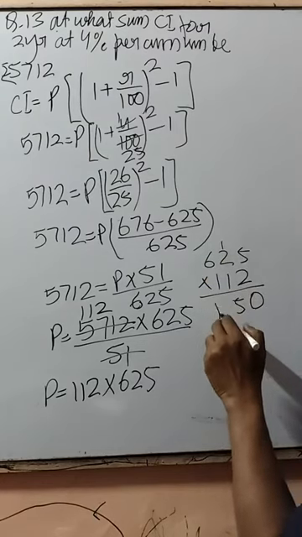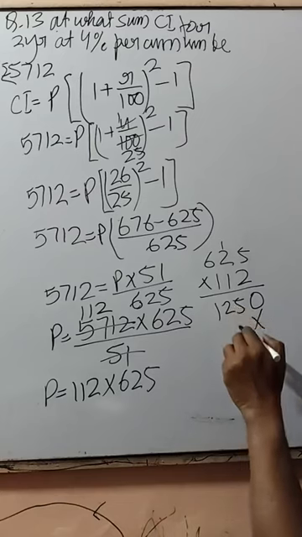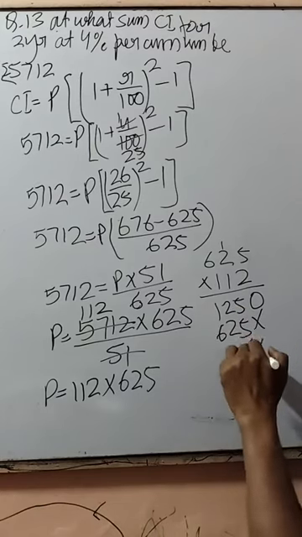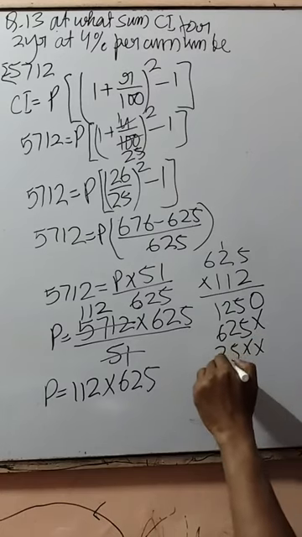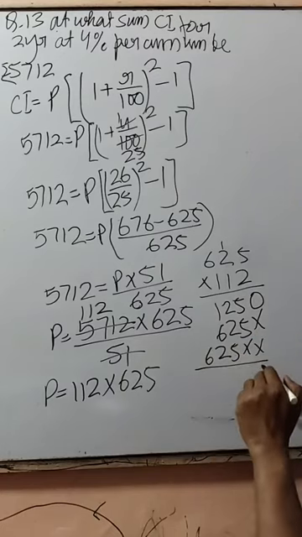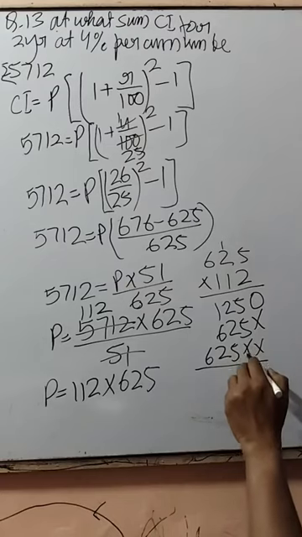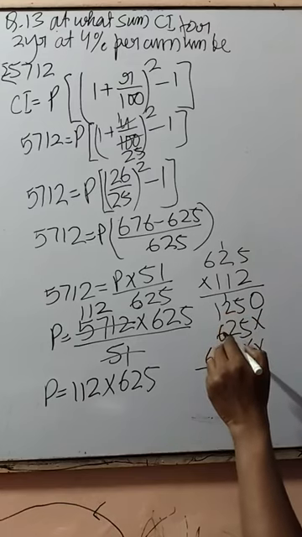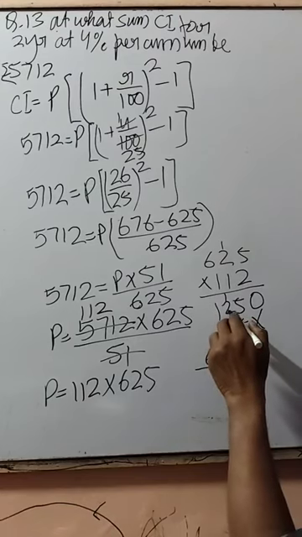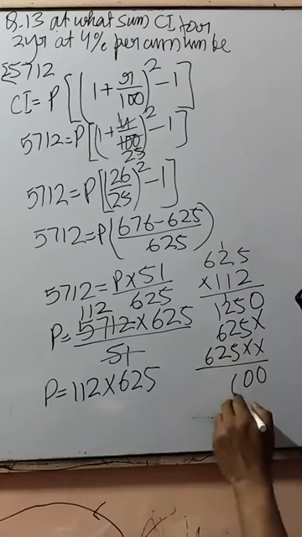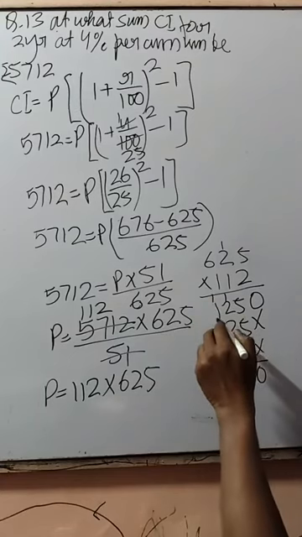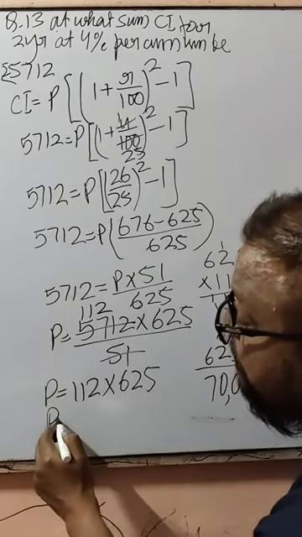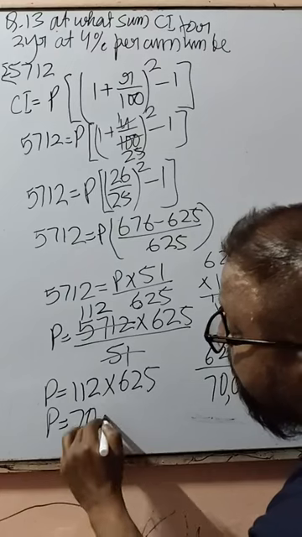And 2 times 6 becomes 12. 5 plus 5 becomes 10. So P is equal to 70,000.